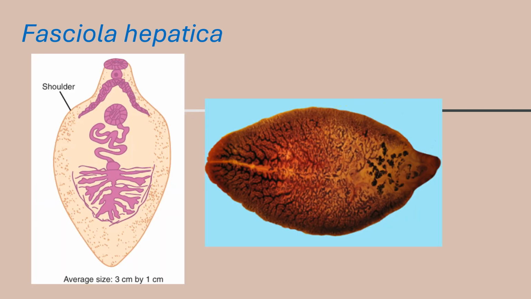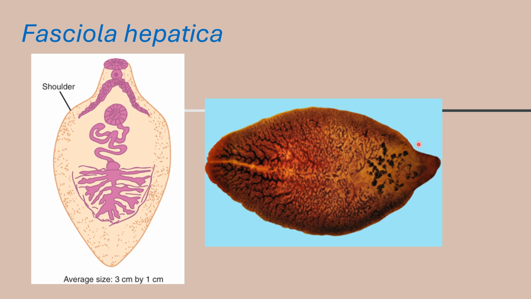This is an illustration of your Fasciola hepatica adult. Here you have a shouldered appearance and a cephalic cone, and of course your oral sucker and ventral sucker.